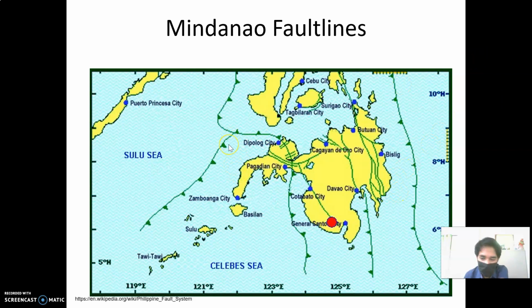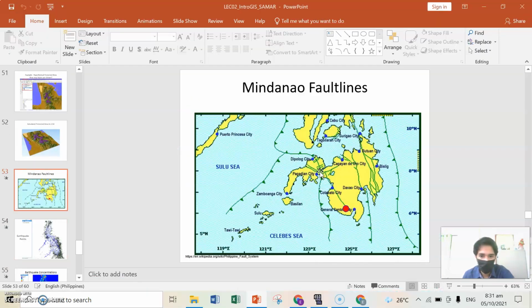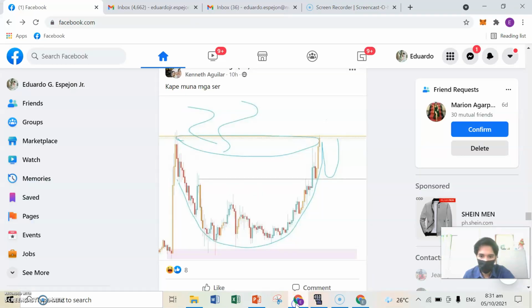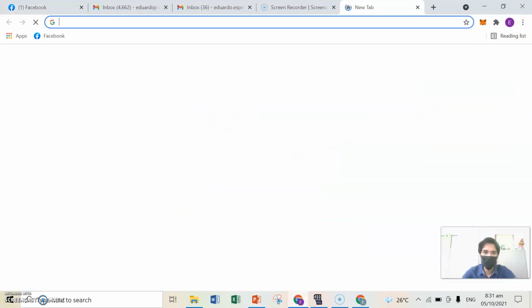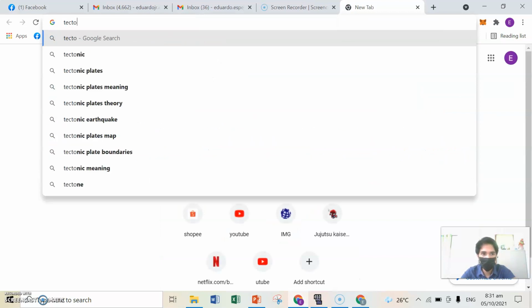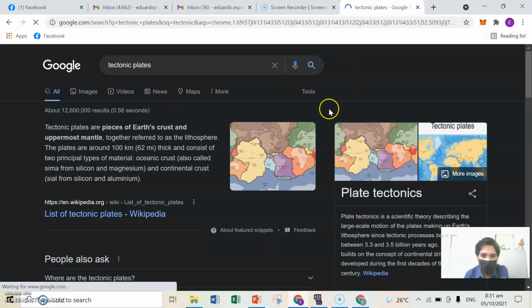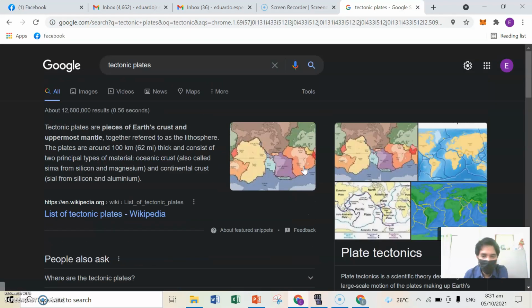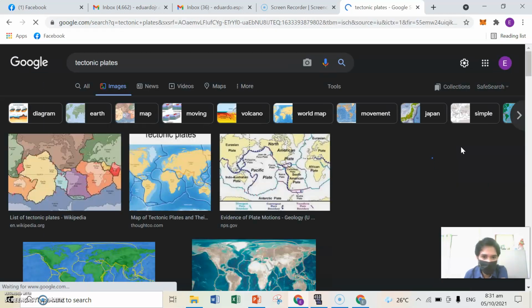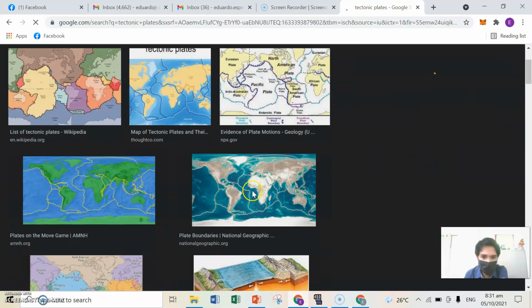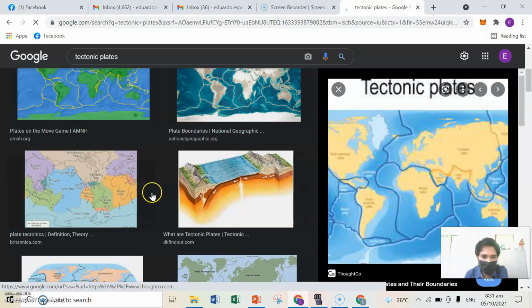These are areas where two tectonic plates meet each other. Examples of tectonic plates are shown here. These are examples of tectonic plates.